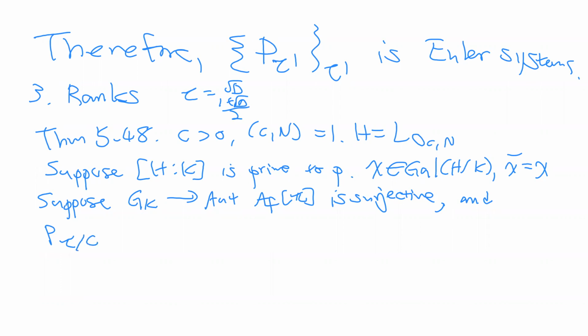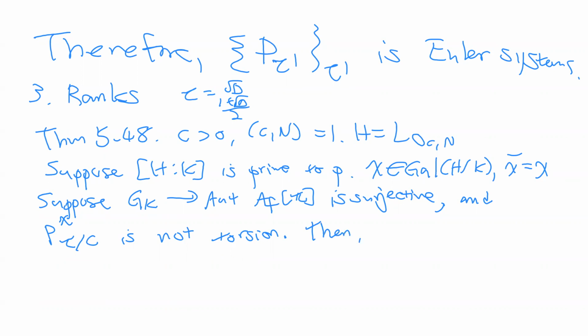All right, suppose that P sub tau over c, the chi part of it, is not torsion. We can imagine that this can be determined by some analog of the Gross-Zagier formula, but it is something else that we can imagine we will be doing at some point. We don't want to deal with it for now.